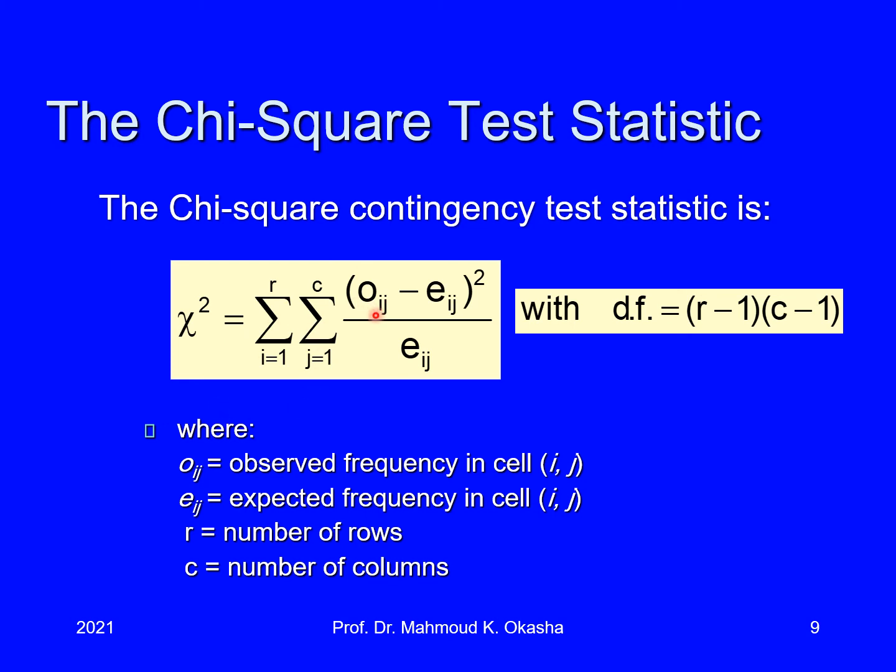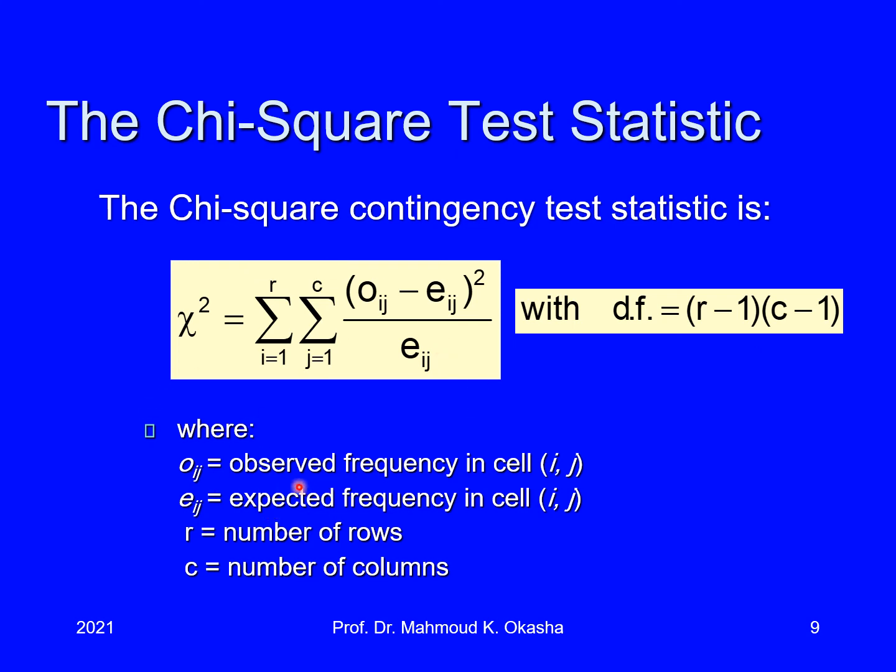For each cell, we have the observed value minus the expected value, squared, divided by the expected value. And that's the chi-square test. In cross tabulation, with rows and columns, the degrees of freedom will be the number of rows minus 1 times the number of columns minus 1. And that's the test statistic.